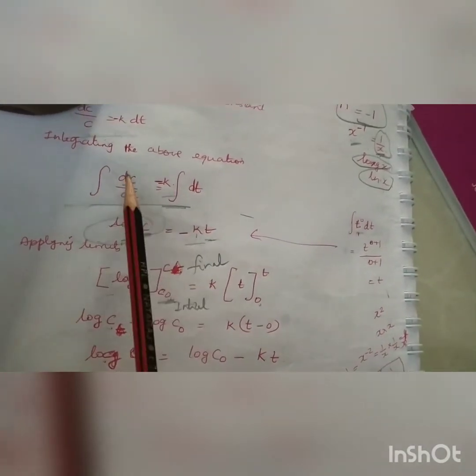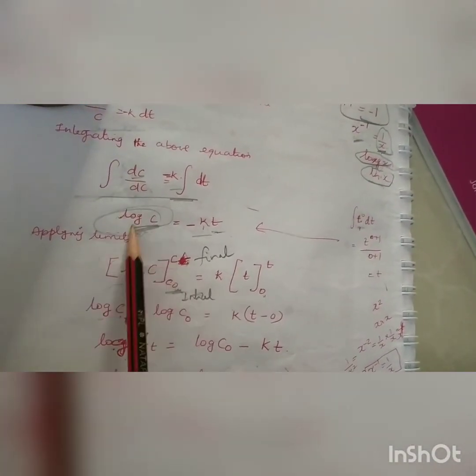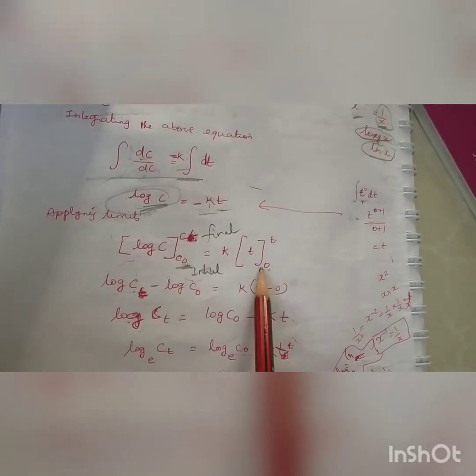So you would have remembered how we have got the ln C. 1 by x can be written as ln C. So 1 by dC can be written as ln C. And we are just taking a limit: this is the initial value, this is the final value, this is the initial time, this is the final time. You know how we have got this t, right? By using the equation, this one.